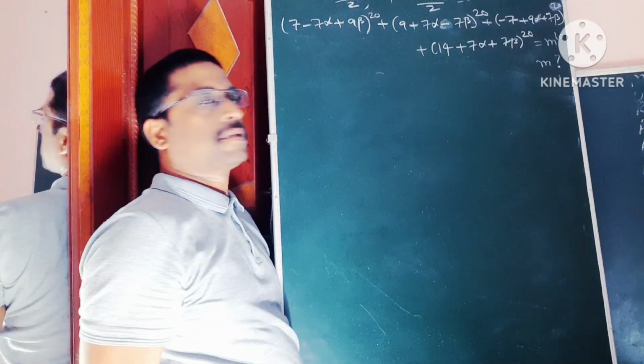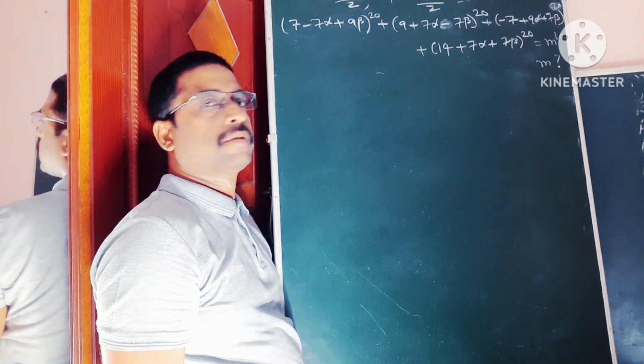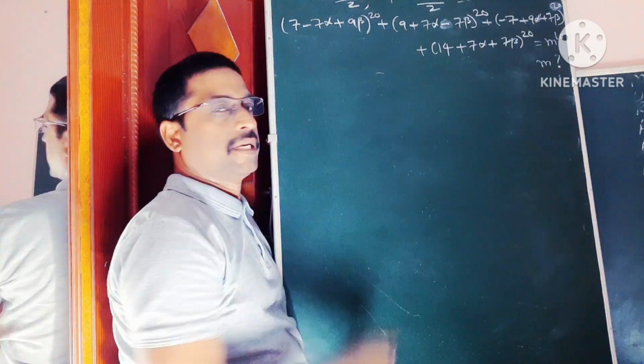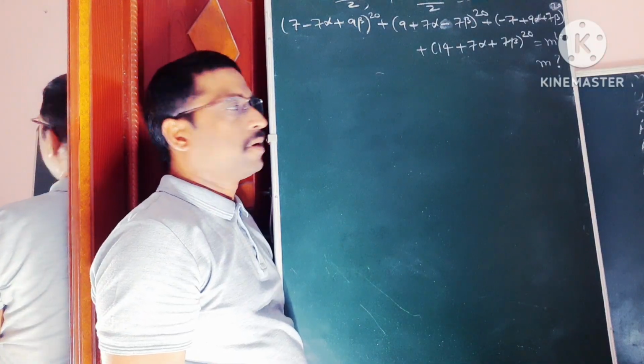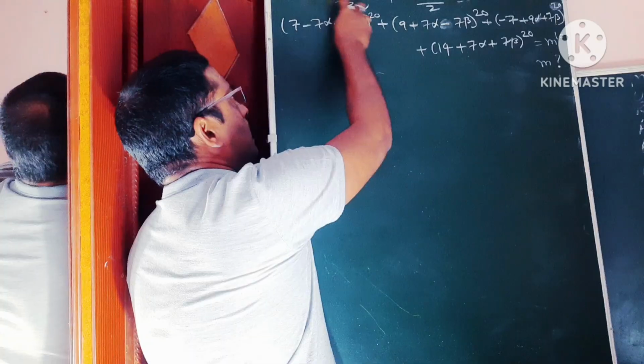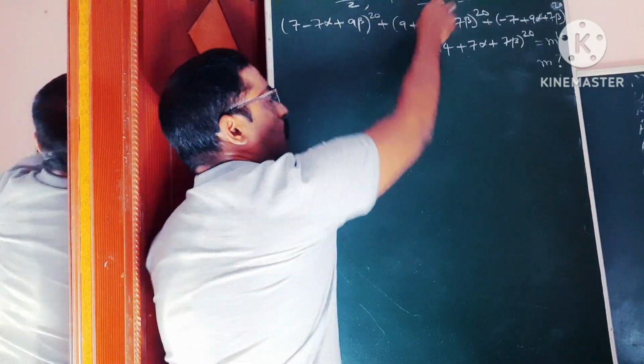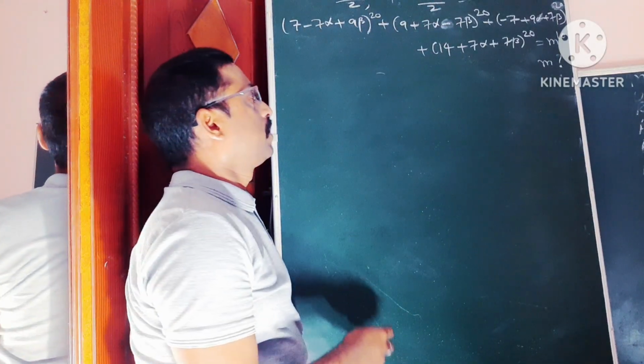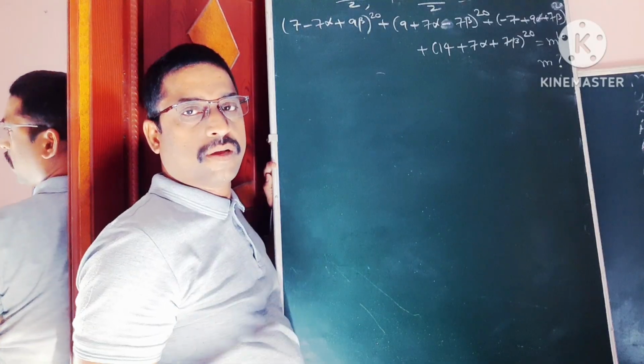Here (14 plus 7 alpha plus 7 beta) whole to the power 20 is equal to m to the power 10. What is asked here? The m value is asked. Okay, now alpha is nothing but omega value, beta is nothing but omega square value. Now write omega and omega square in the place of alpha and beta.